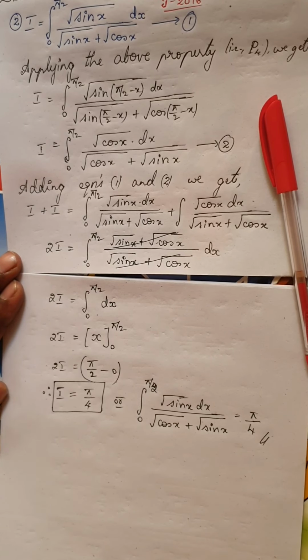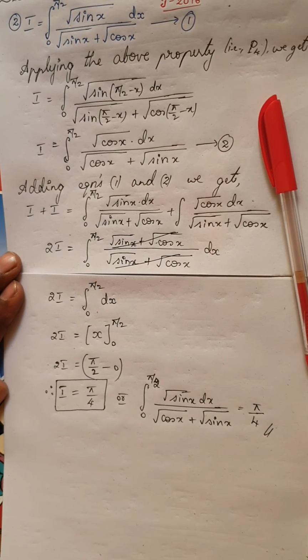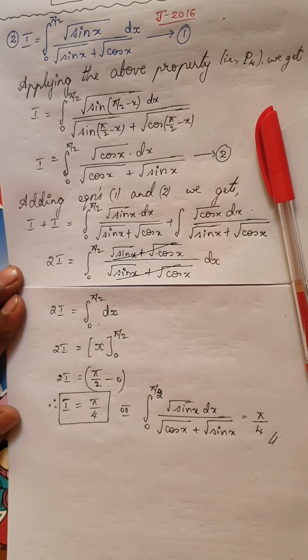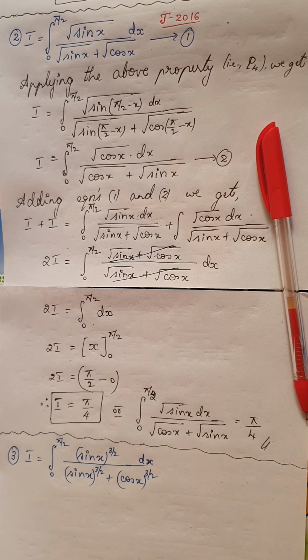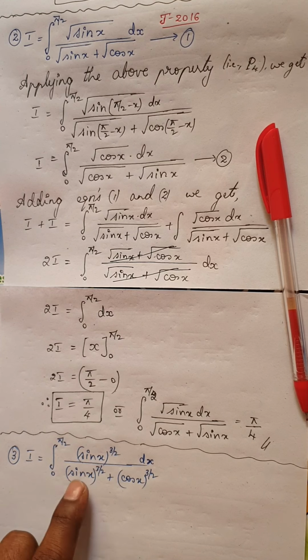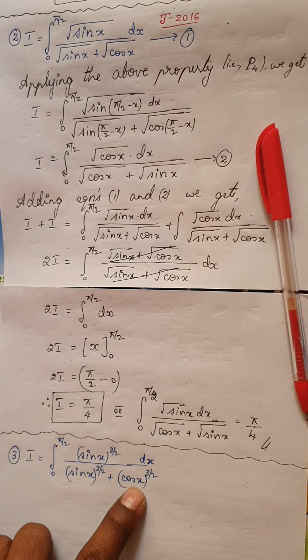Very simple proofs these are. The problems are very easy. If they ask you in the examination, it's worth trying this question to get 6 marks. Is it clear? Now the next question we have is the integral from 0 to pi by 2 of sin x power 3 by 2 divided by sin x power 3 by 2 plus cos x power 3 by 2.